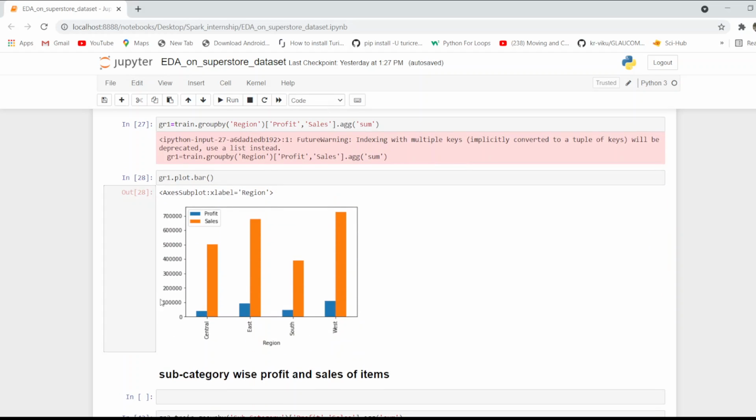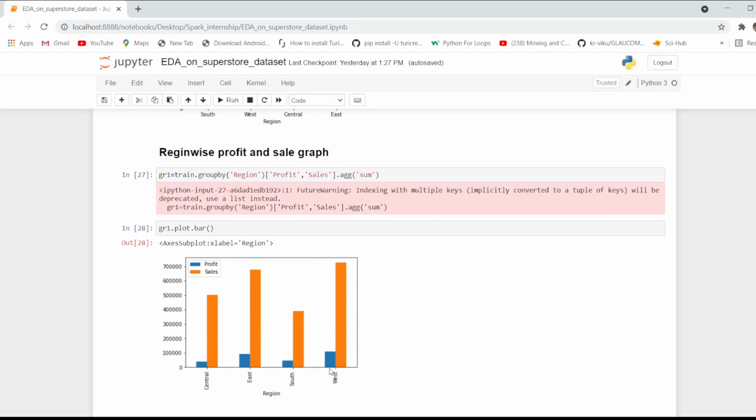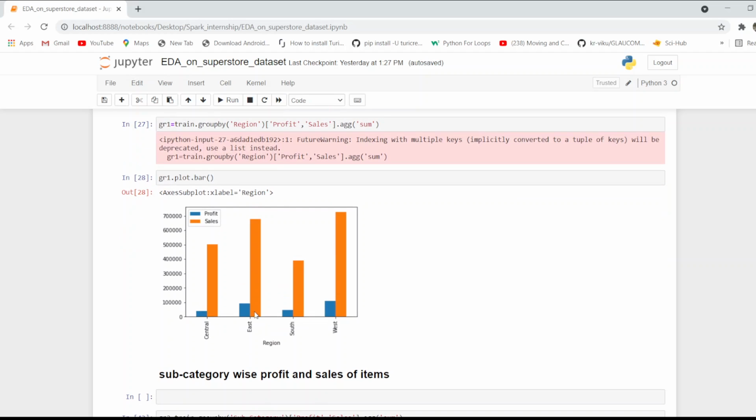Then I have plotted this graph to find out the region wise profit and sales. You can see the west region has most of the sales.